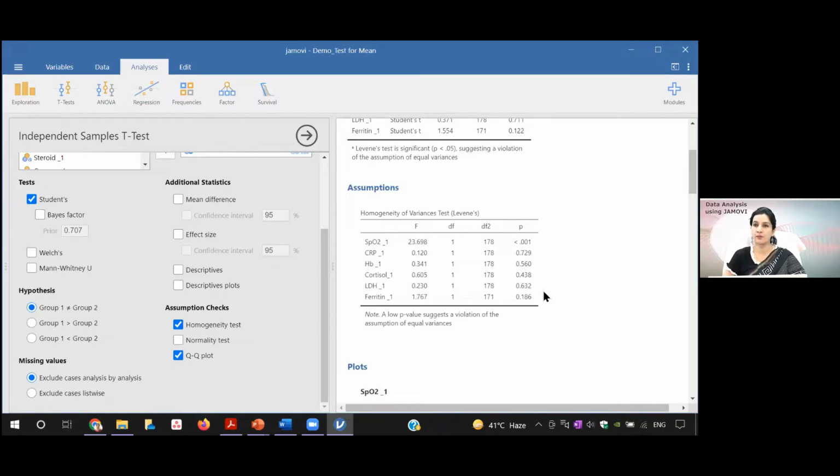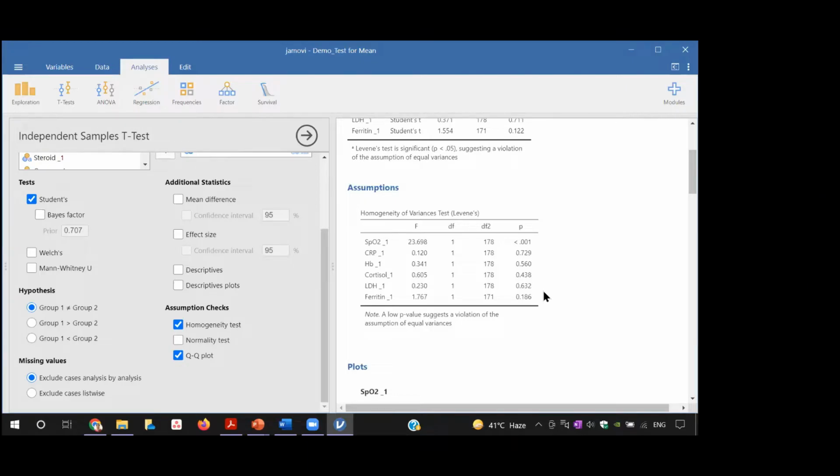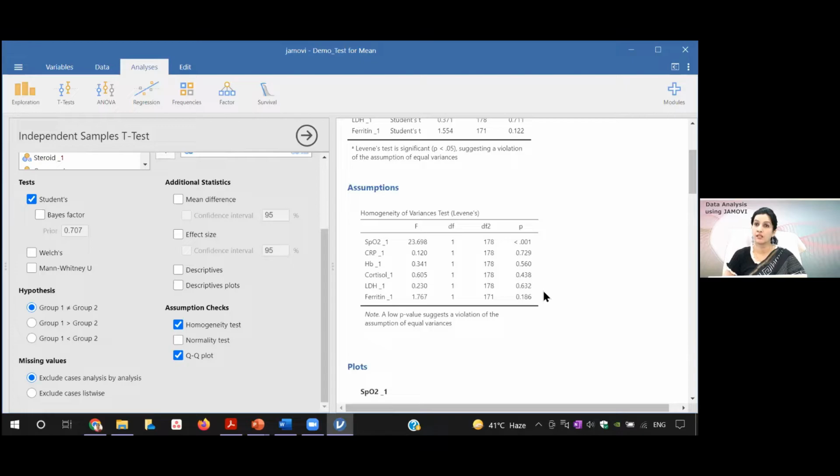Why is it not met here? Because it is less than 0.05. And we have known from our previous learning that if the p-value is less than 0.05, it will not be following the assumption of homogeneity of variance.